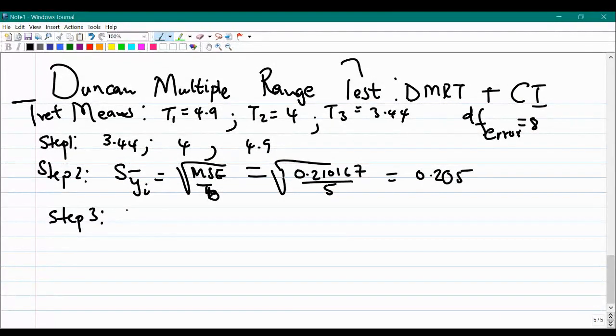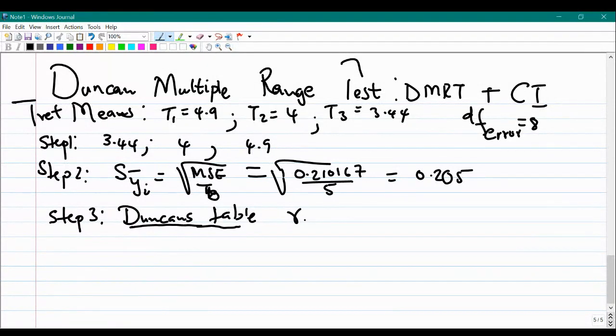Now we'll go to the Duncan's table. We have to go and find the ranges now. How many are we going to find? 2, isn't it?